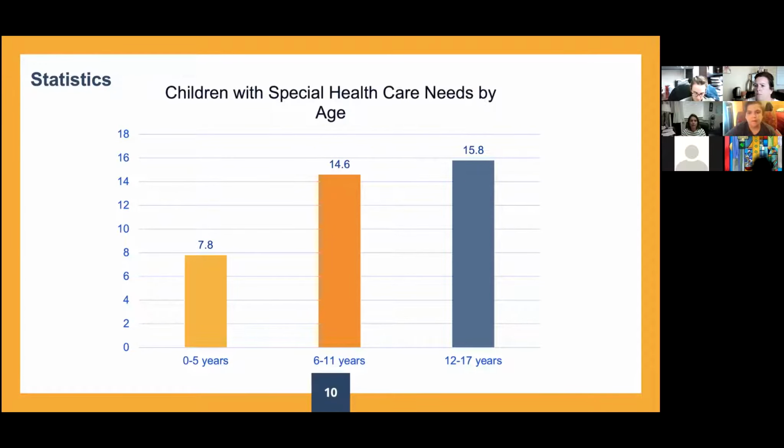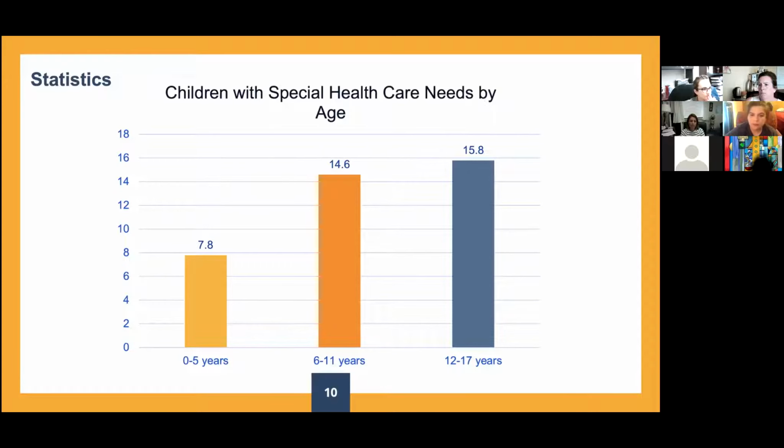So really you see a term called children with special health care needs being used. And that is another general description that can include all the different types of disabilities that we saw in the first few slides. So that's why we're switching this term. That's how it's collected. And it can be physical, it could be cognitive, it could be all of those types.